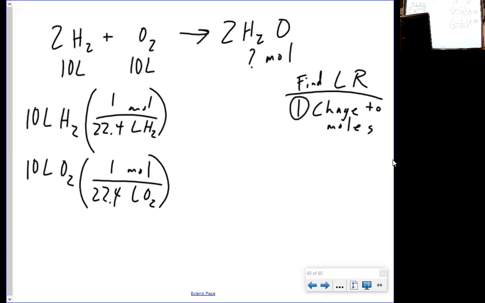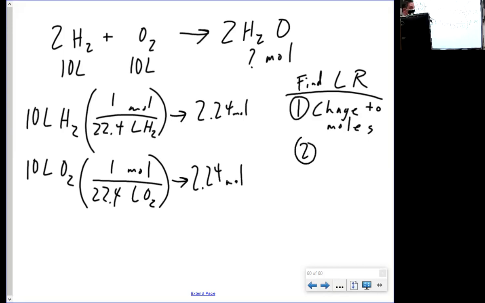You should be able to do that math pretty quick and easy. 2.24. Sound good? 2.24 moles here and 2.24 moles here. Now, the second step, once I get my moles, is to divide by your coefficients.